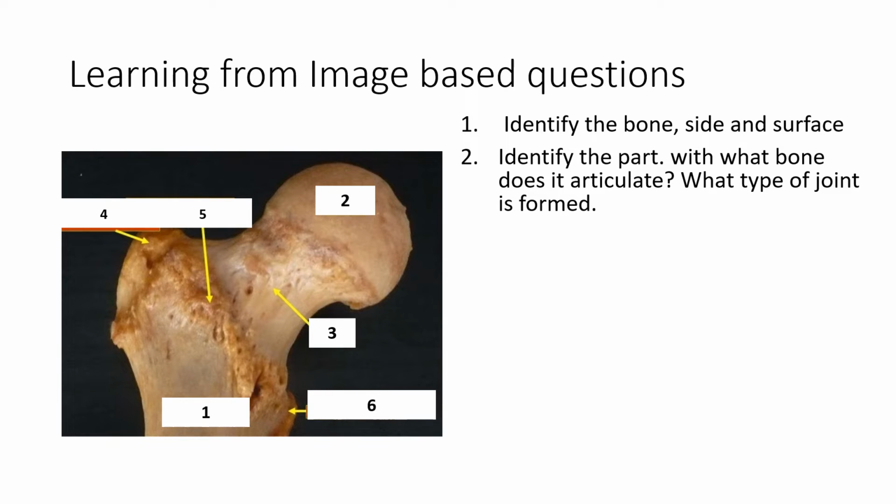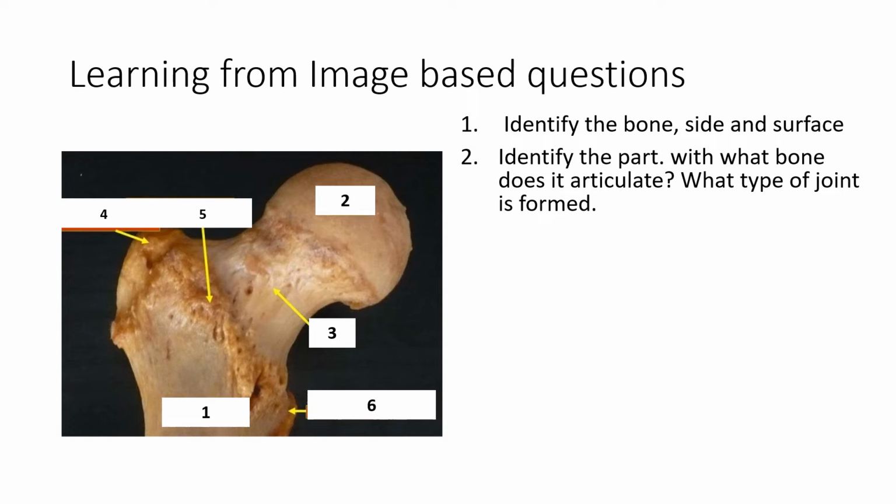It is covered with articular cartilage, and the joint formed between the two is the ball and socket type of synovial joint. So it is contributing to the hip joint.